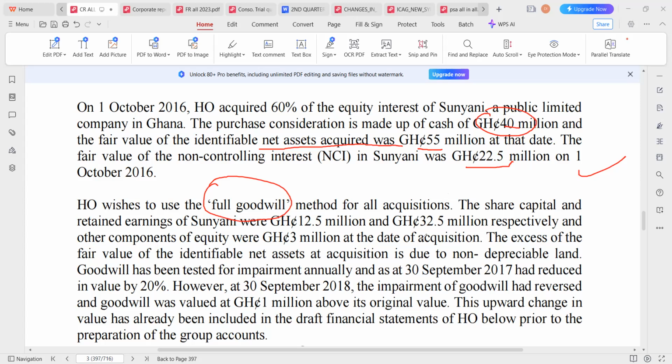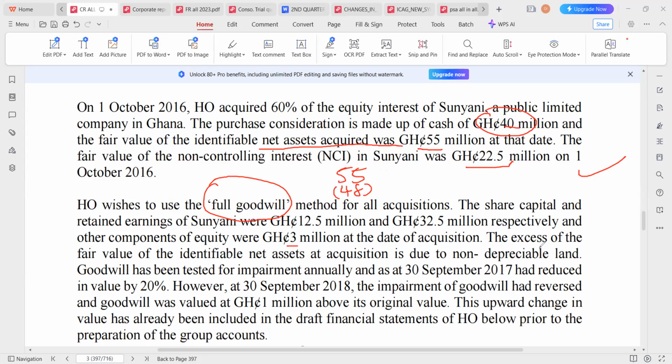At the end of the day, you get 45. 45 plus 3, you get 48. So if the net asset is 55, and we have 48 as a breakdown, then there is fair value adjustment. The difference, which will be 7 in number.